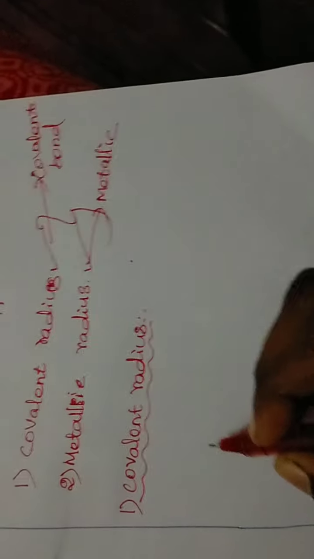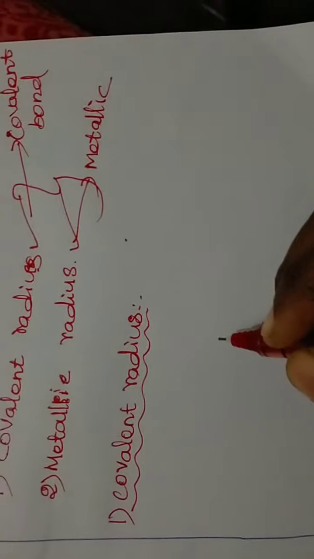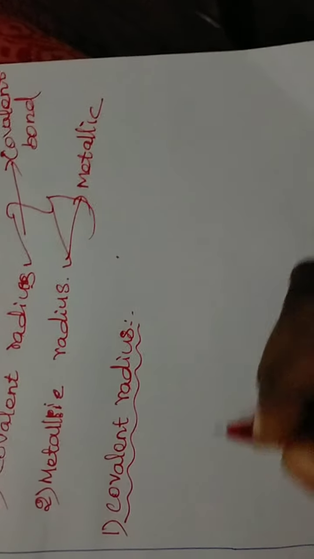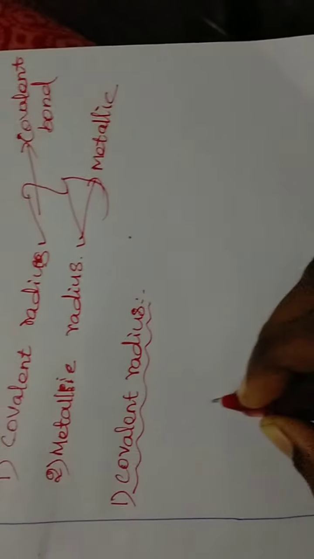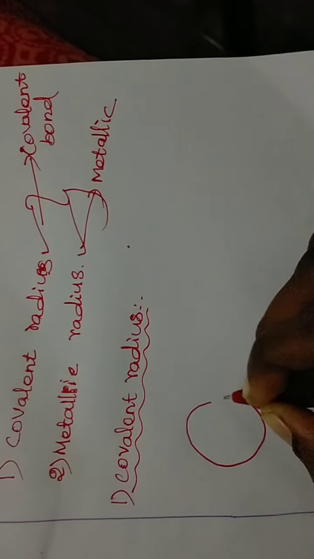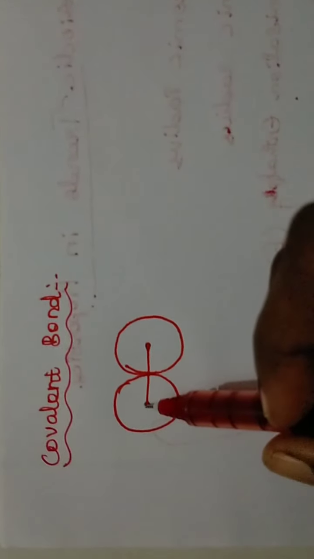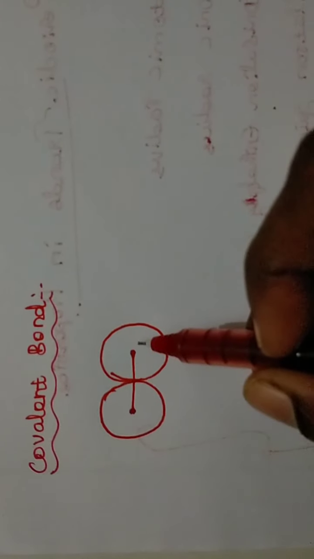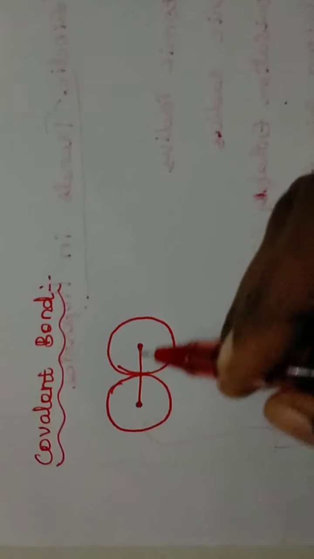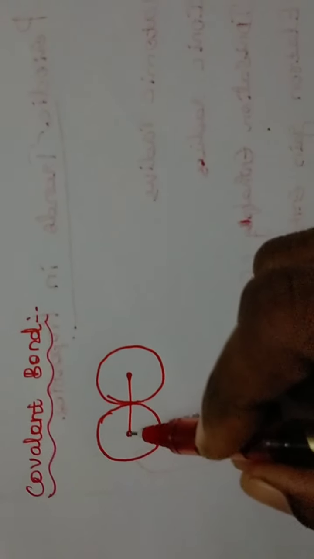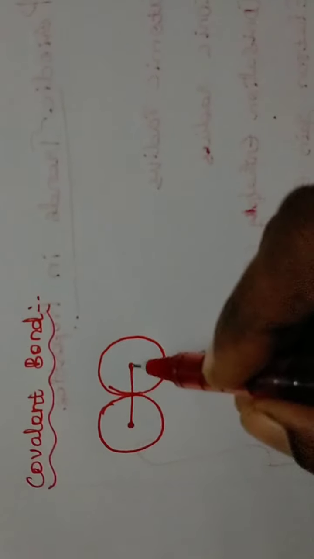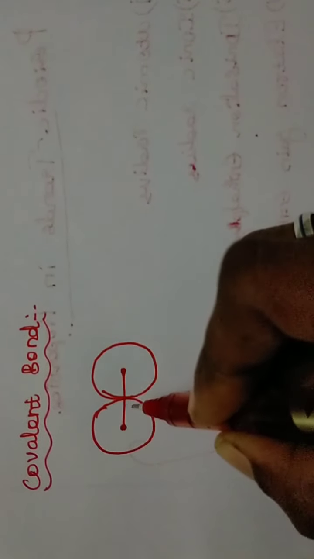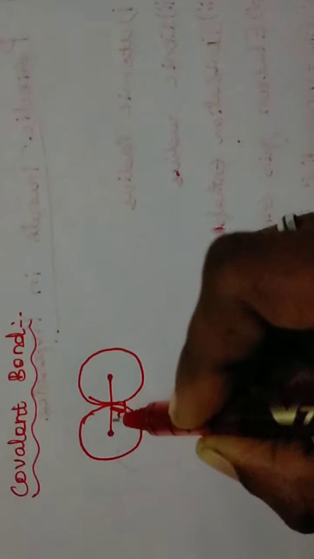Here they mention two atoms linked together by a covalent bond. So first you draw this. Two atoms linked together by a covalent bond: the first atom is connected with the second atom by a covalent bond. Now the distance between one nucleus and the other nucleus is generally known as D. What is D?